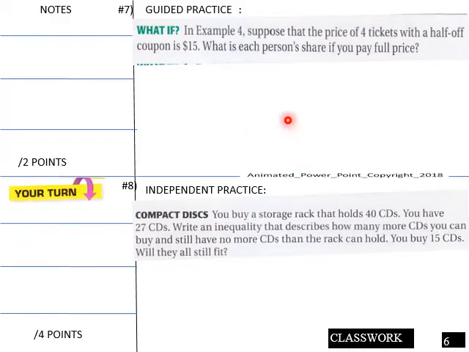Okay, going into our next guided practice here. What if, in example 4, suppose that the price of 4 tickets with a half-off coupon is $15? What is each person's share if you pay full price?